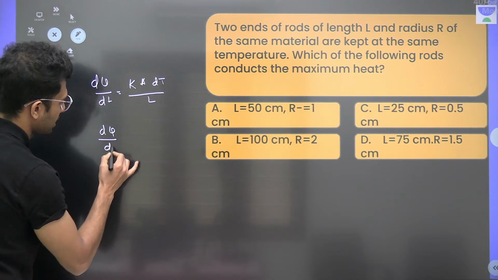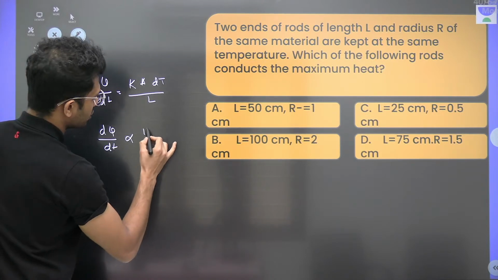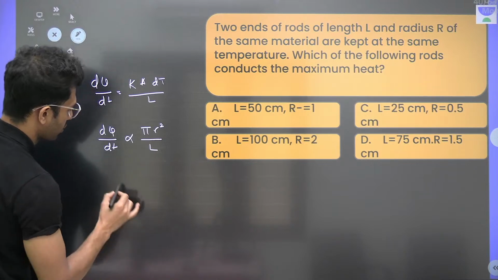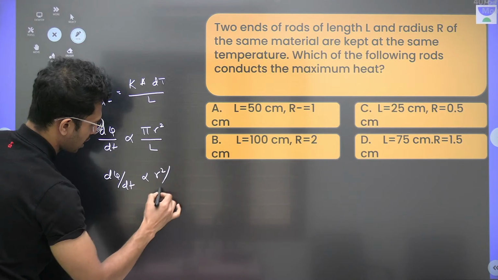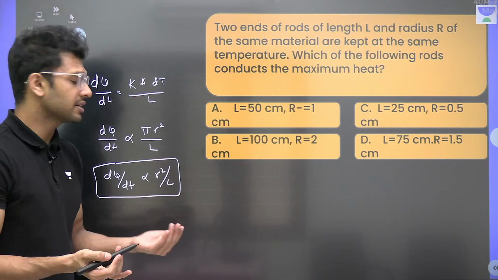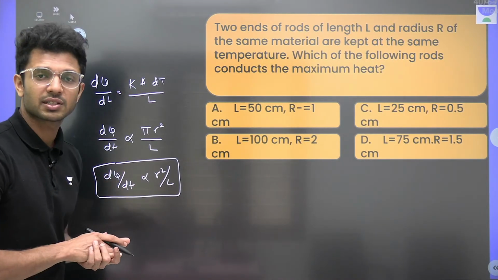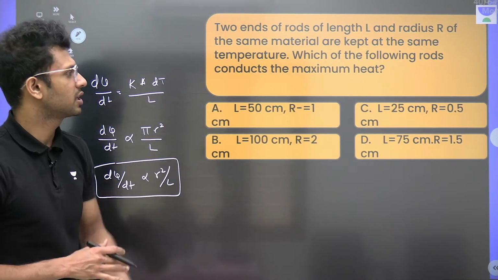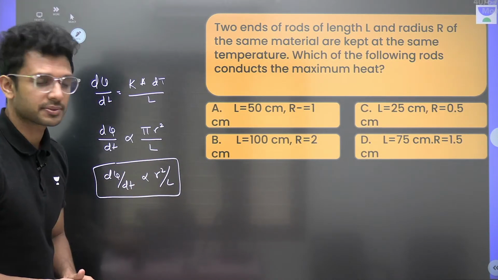So dQ by dt is directly proportional to area of the ends of a rod, which has circular base, pi r square by L. We can say dQ by dt is directly proportional to r square by L. So among the four options, whichever is having the greater value of r square by L, that will be the one which conducts maximum amount of heat energy dQ by dt. So there is no other way. You just have to keep on going and finding out r square by L value for all the four options.